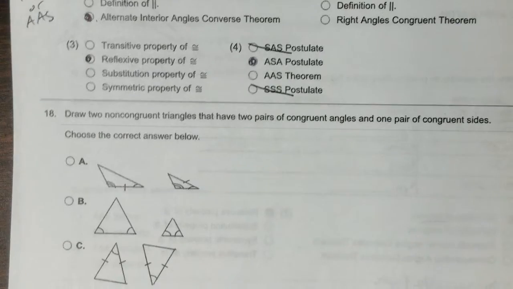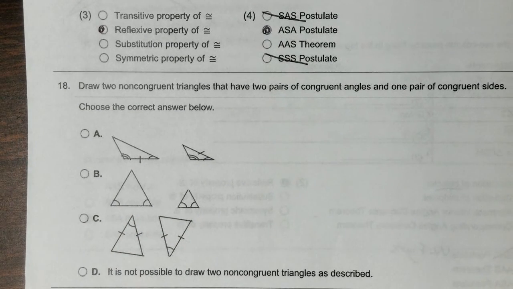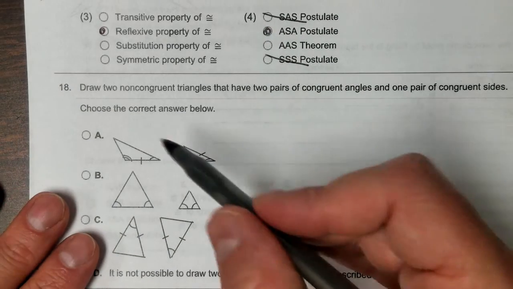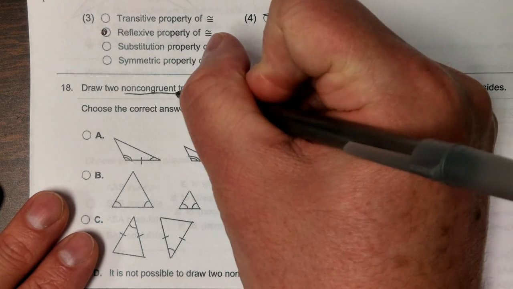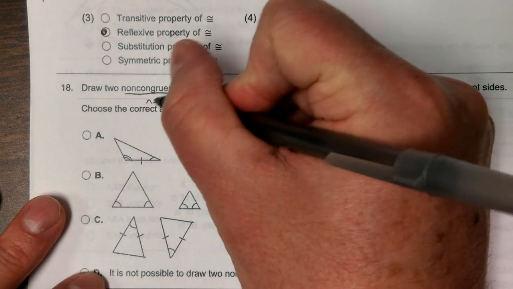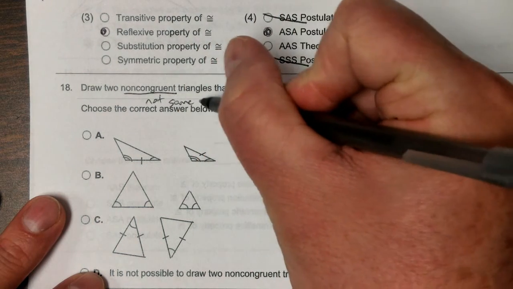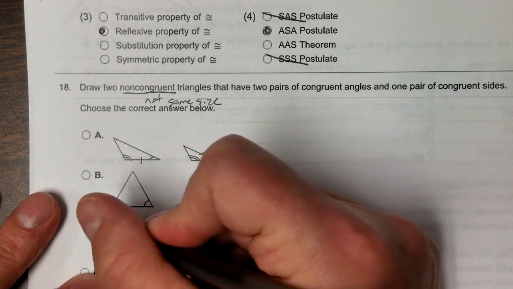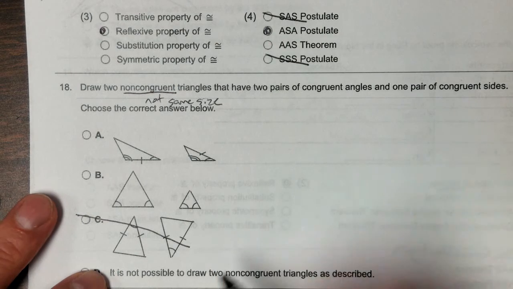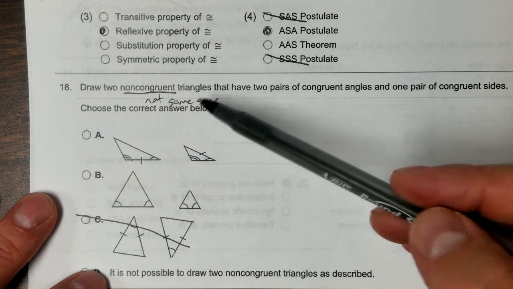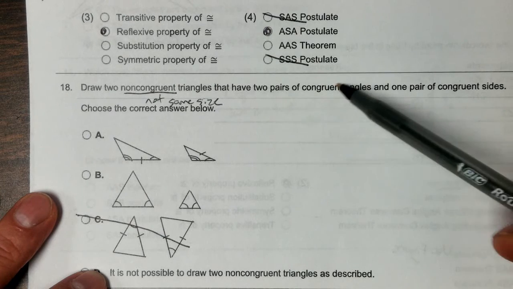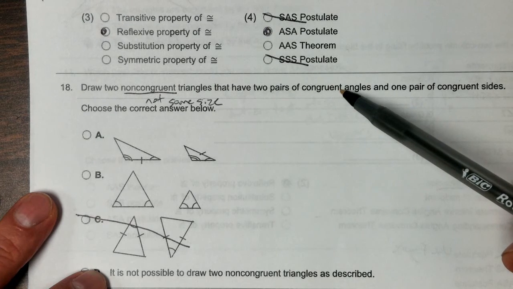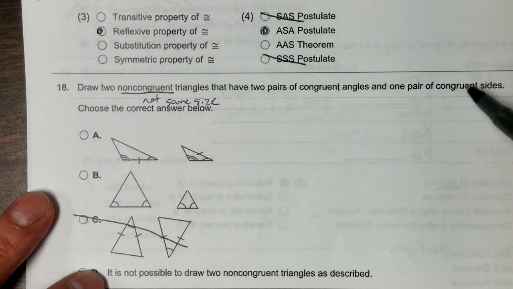Okay. All right. Now this one's worded a bit different. It says 2 non-congruent triangles. So that means ones that are not the same size. So that means it's not C. Two triangles that are not the same size that do have two pairs of angles that are equal and one set of sides that are equal.